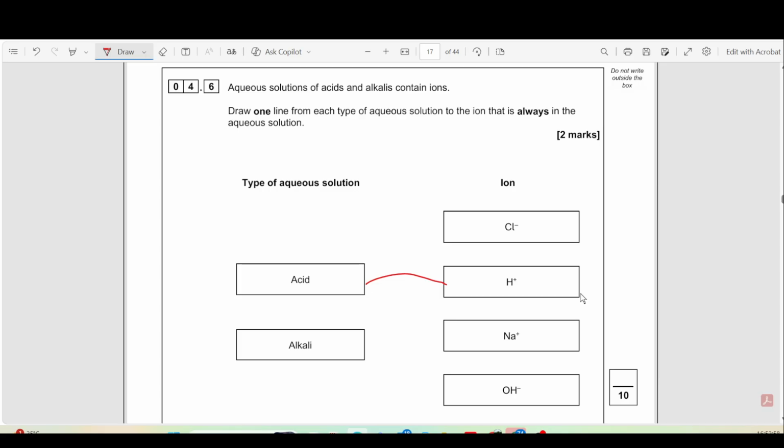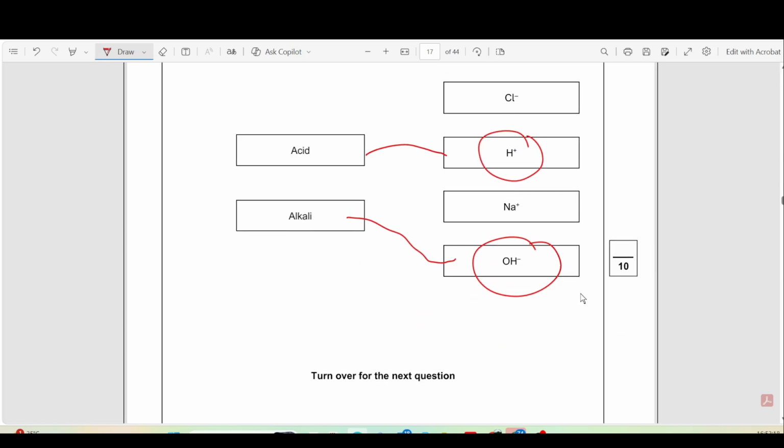And alkalis have hydroxide ions, OH minus. Acids are defined by their ability to release hydrogen ions when dissolved in water, and similarly alkalis are defined by the presence of hydroxide ions in their aqueous solution. So you have to remember this: acid H plus ions, alkali OH minus, hydroxide.